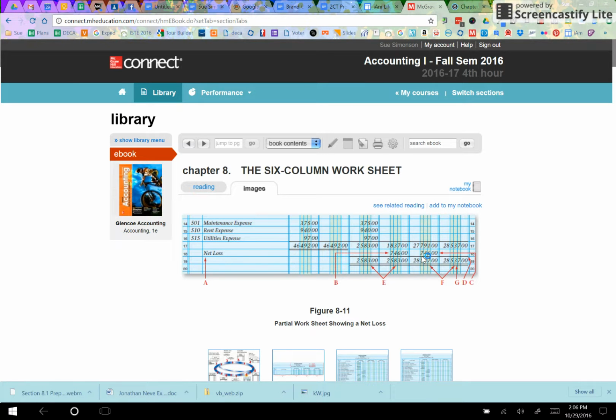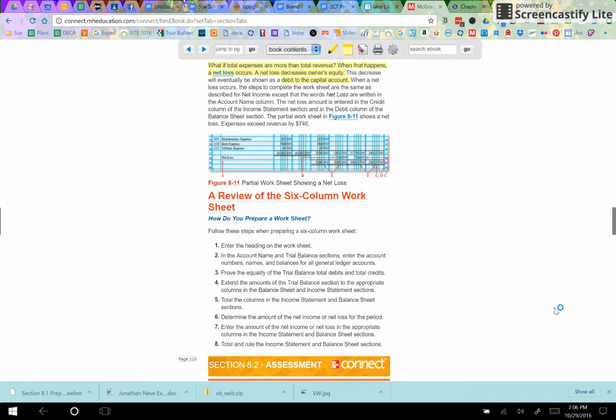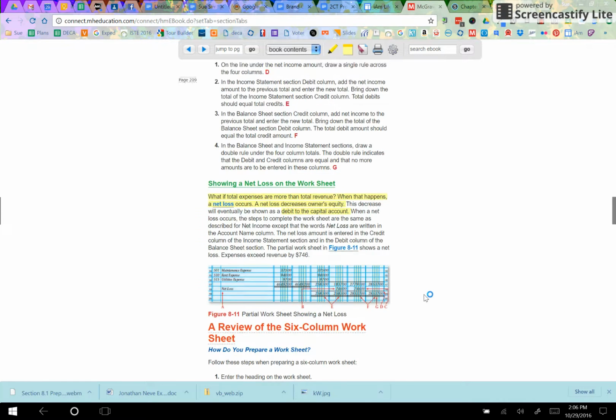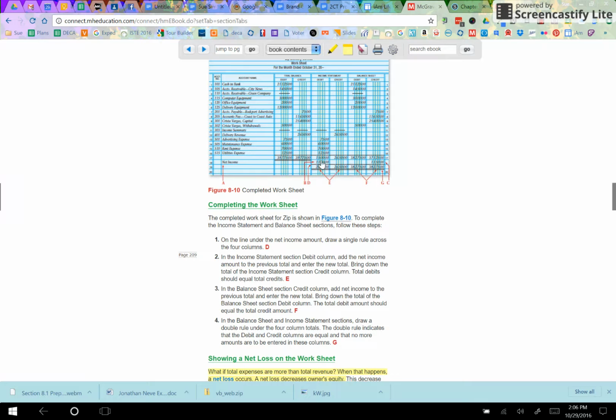It's going to be a loss to capital, and so it's going to go on this side. If you tried to put them on the other sides with the net income, these two numbers then would not be the same. In the end, you're trying to get these two numbers to be the same and these two numbers to be the same. So net loss, they're on the inside. Net income, the two numbers are on the outside.